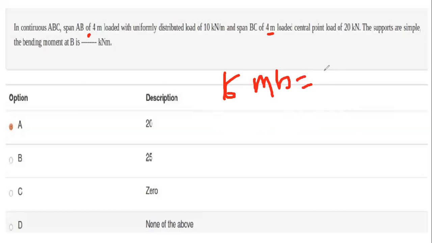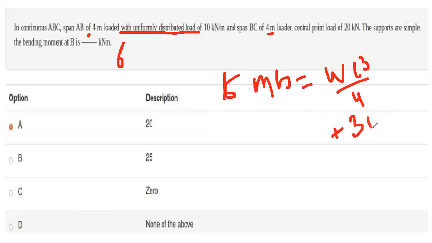Now for the right hand side, instead of calculating 6A1x1 by L1, this is the standard case. For UDL we can write the formula as WL cube by 4 for the UDL span, and for the central point load the formula will be 3WL square by 8. These are the formulas for the value of 6AX by L. Now put the corresponding values.